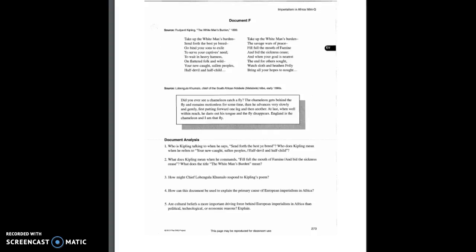And then finally, document F was another 2-in-1. There are two pieces from the text that you could use for your DBQ essay. The first portion is the white man's burden. Several quotes that we can annotate here. Remember, take up the white man's burden. Send forth the best ye breed.